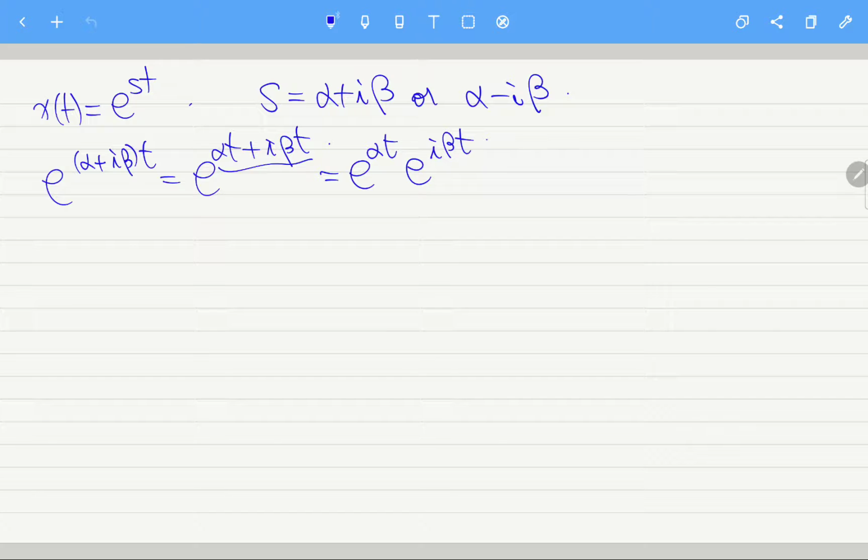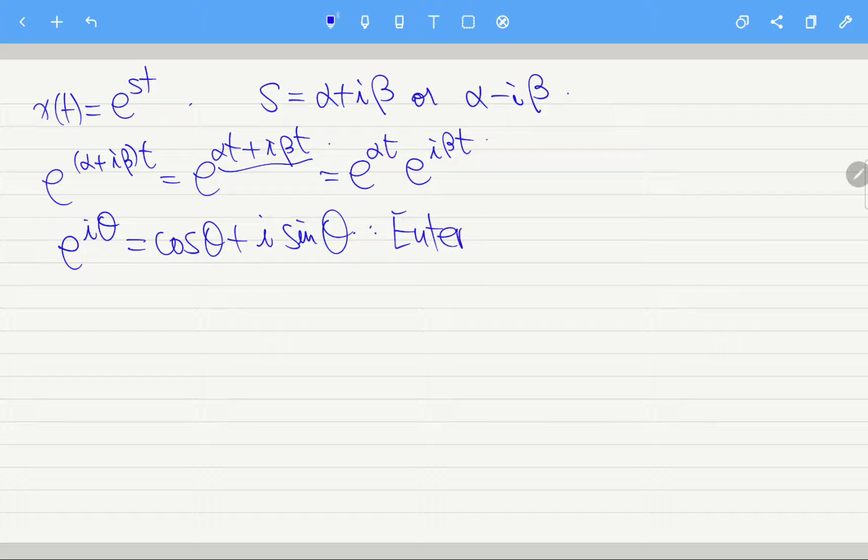So I will tell you that exponential to i beta t, maybe this one is more famous, which is exponential to i theta is cosine theta plus i sine theta. This is called the Euler equation, Euler formula.